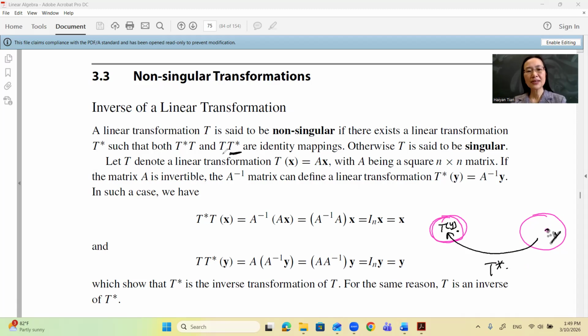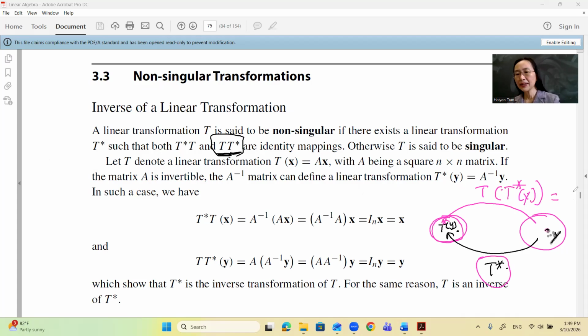But after you apply T star, we want to apply T. So this T acts on the T star image. You see, the first one we apply is T star. And then what do we get?